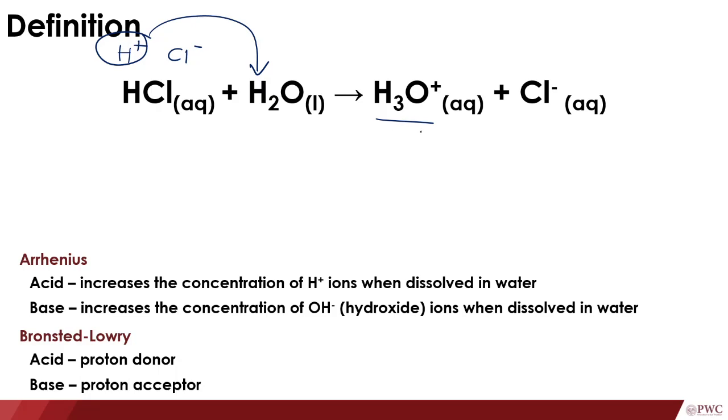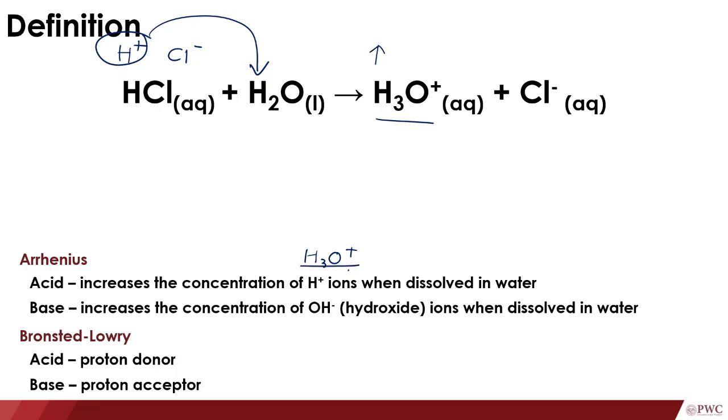As you see here, this H plus is captured by H2O to make H3O plus. So in this equation, instead of the increase in the concentration of H plus, since this H plus is captured by H2O, we can say that the increase in H plus is equal to the increase in H3O plus. So we can also say that an acid increases the concentration of hydronium ion, or H3O plus ion.